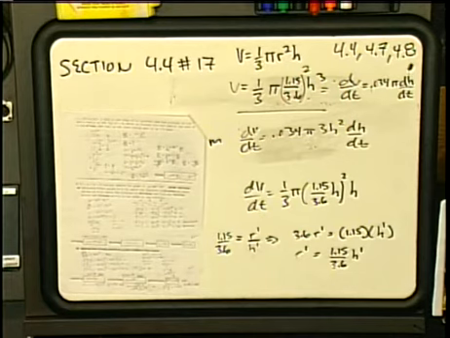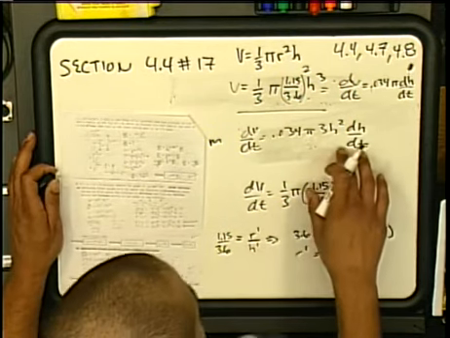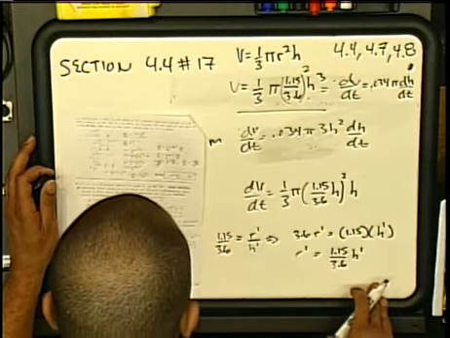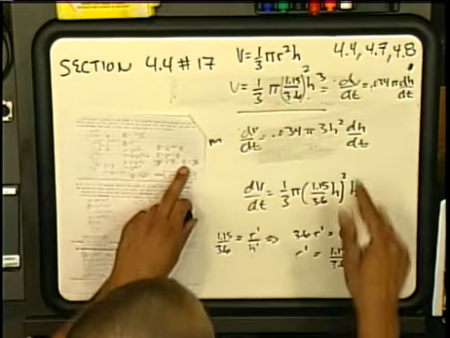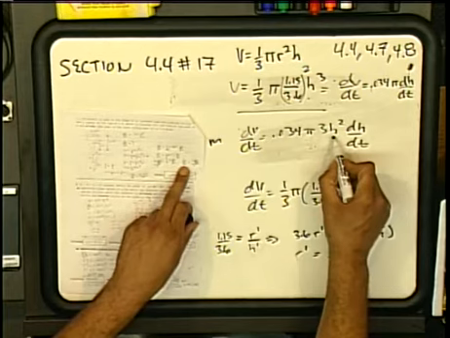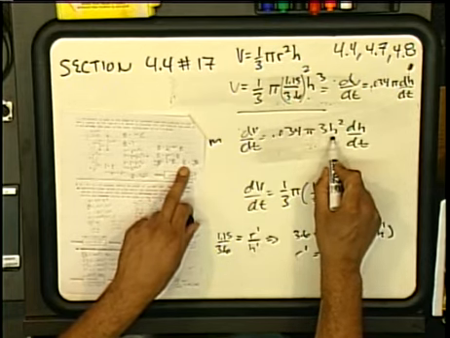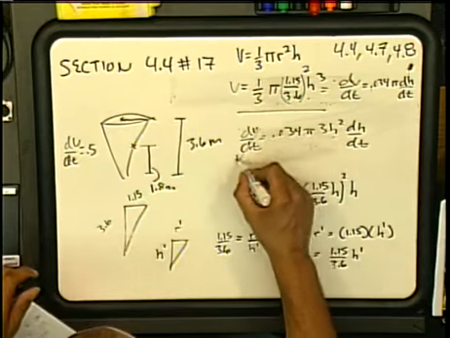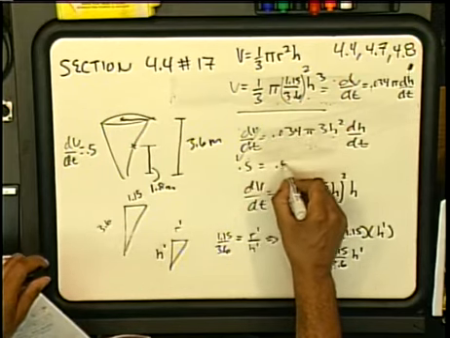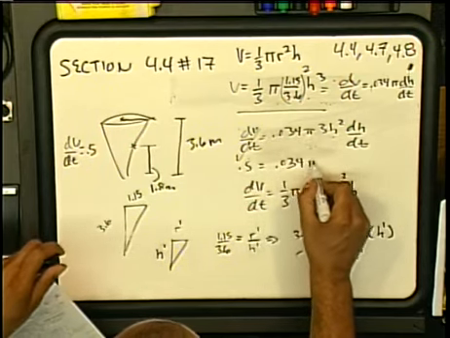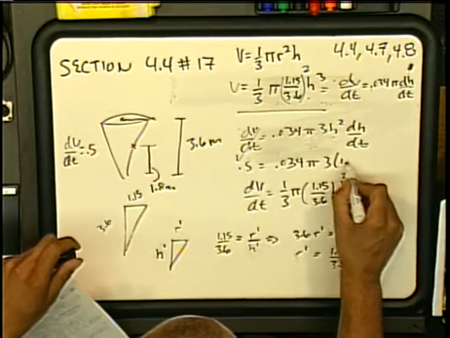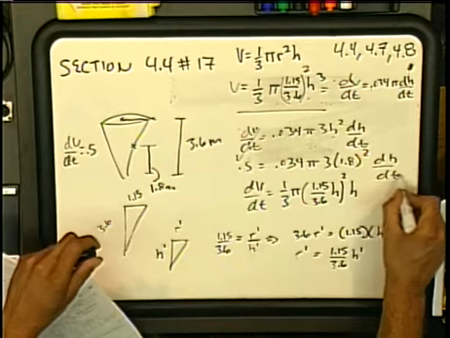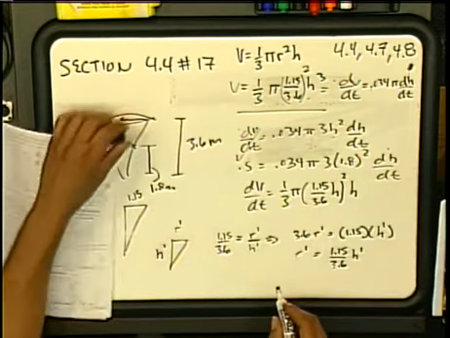Okay, and solve for dH/dt. Just plug 1.8 into this equation. You've got dV/dt, which is 0.5. So 0.5 equals 0.034 pi times 3 times 1.8 squared times dH/dt, and solve for this.